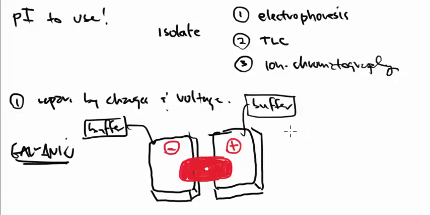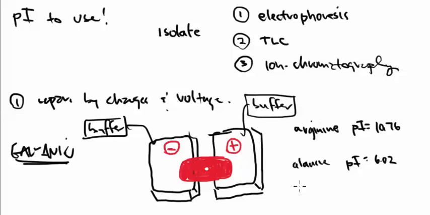Okay, so how do we know what happens here? Well, let's say that I've got 3 amino acids, and the first is arginine. Arginine has a pI value of 10.76. And then let's say that we have alanine, and alanine has a pI value of 6.02.